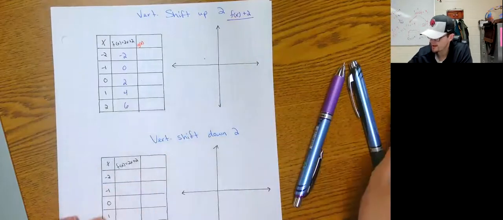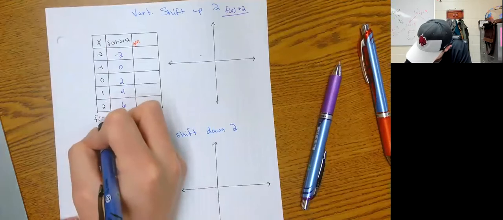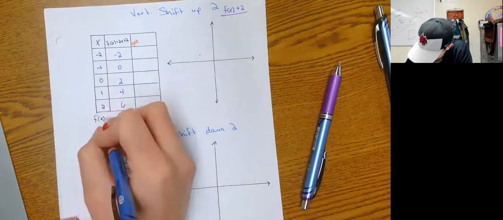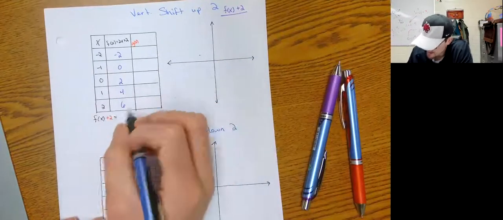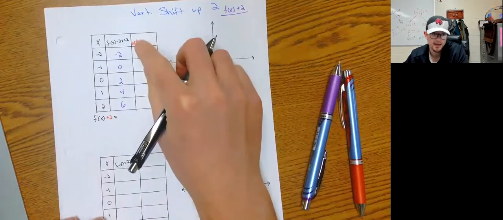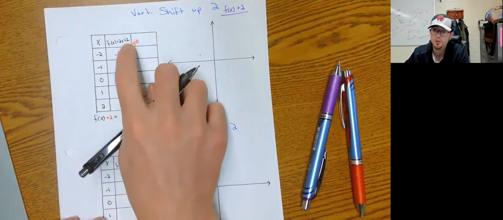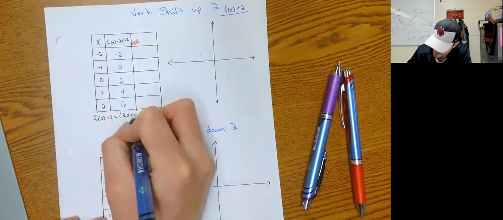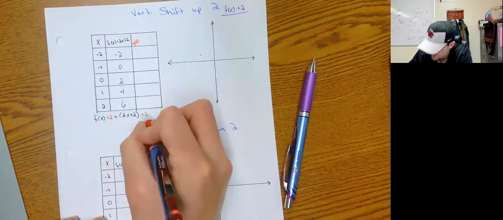So let's take f of x down here, and we're going to add 2 to the entire thing. When we add to the entire thing, that means you need to put parentheses around the entire original function. So (2x plus 2), and then we are going to add 2 to the entire thing.